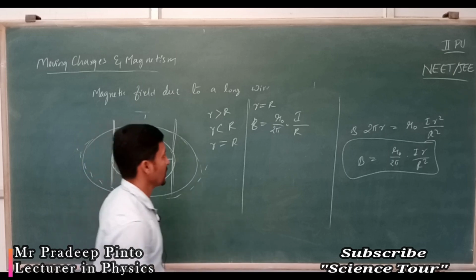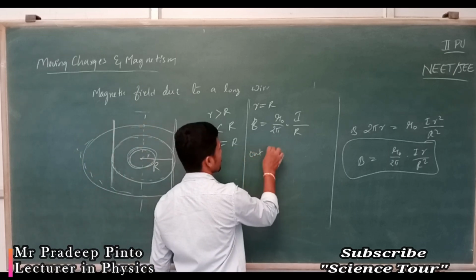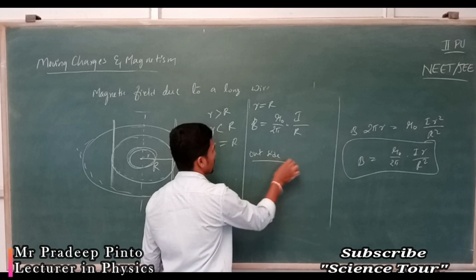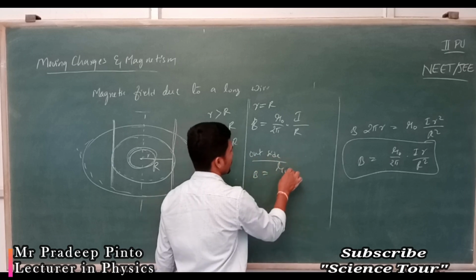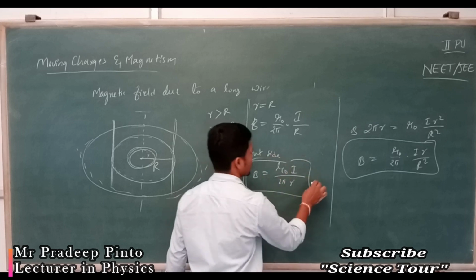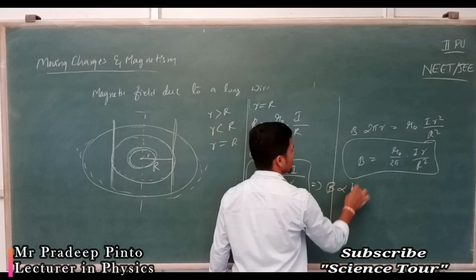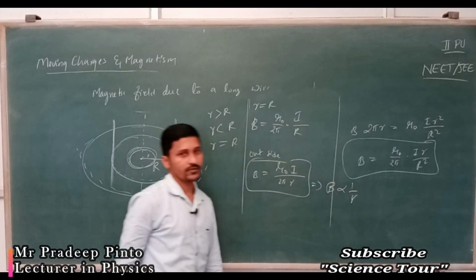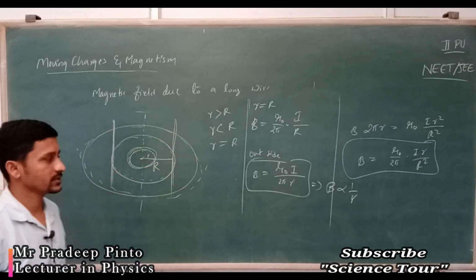And if it is outside somewhere, then B is equal to μ₀I divided by 2πr. So B is inversely proportional to r for outside the surface.